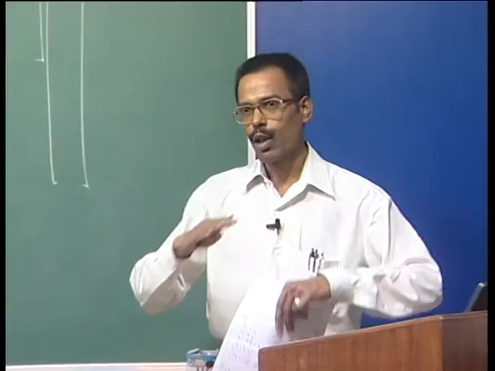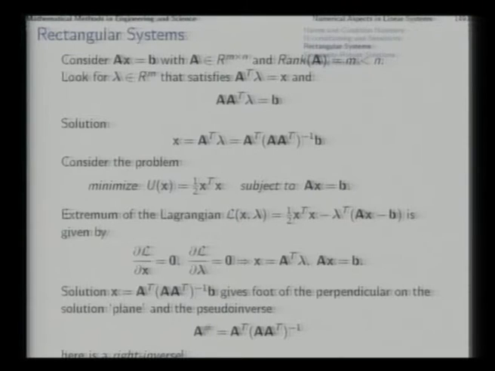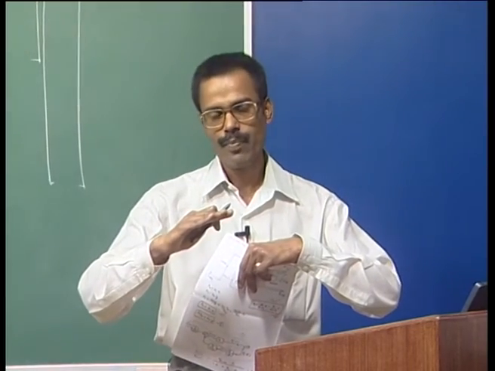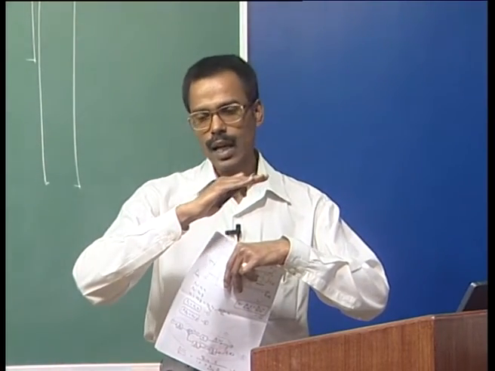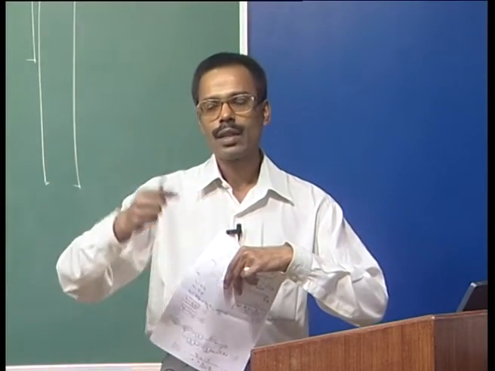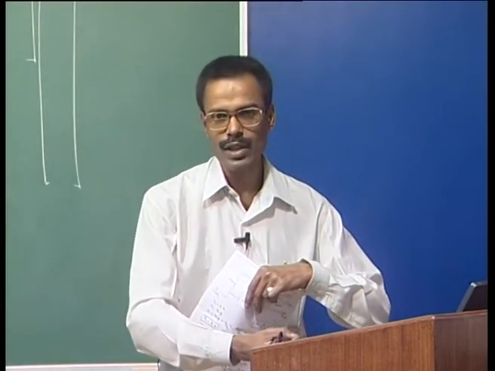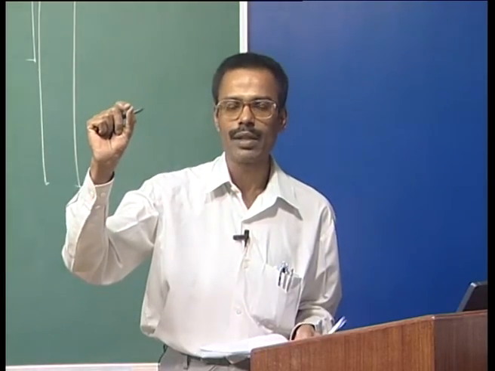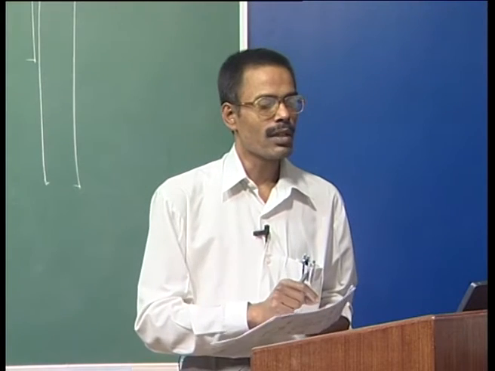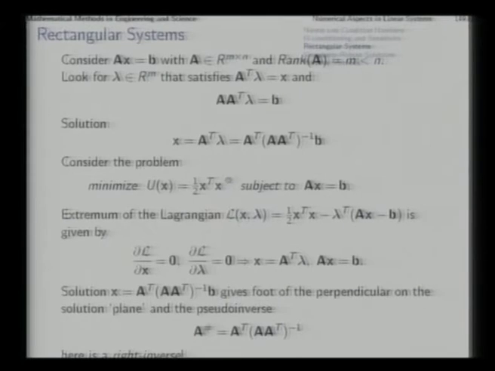That means a lot of solutions are possible for this system, because this system actually defines a plane like entity in the space of x, and out of all the points that you can take on that plane like entity, the one which is closest to the origin, the size of which is the least, that is actually the one which will minimize this, subject to these constraints.